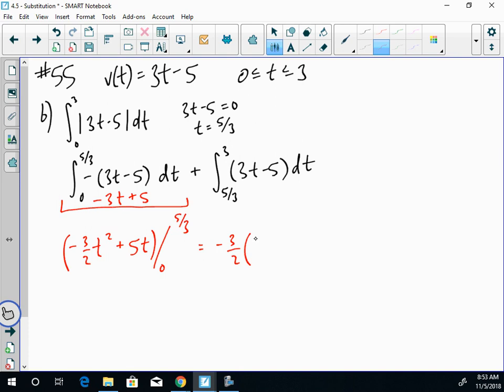Okay, and 5/3 squared would give us 25/9. And then subtract, and we plug in 0, which is just going to give us zeros, right?